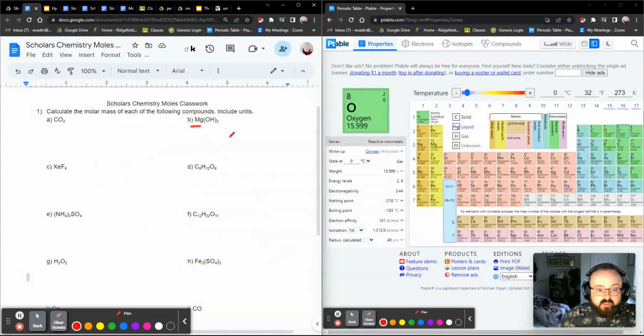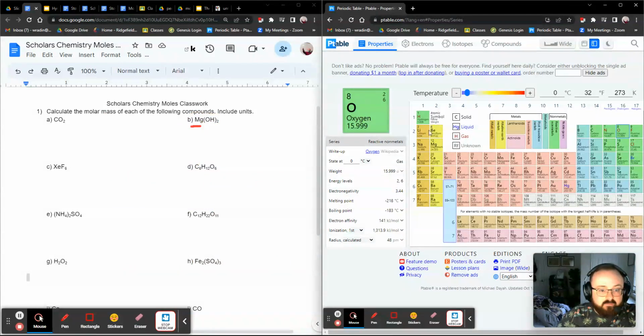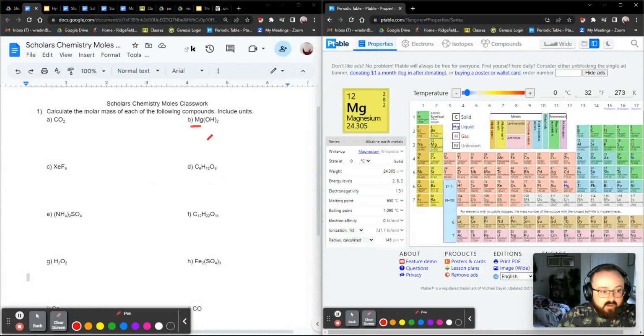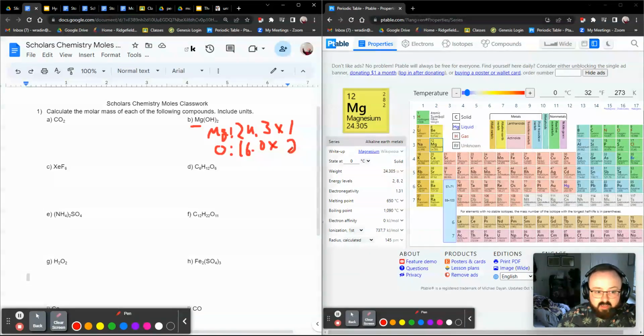So magnesium over here, we're going to go find magnesium. So Mg would be 24.3, and there's 1 magnesium. Oxygen 16.0. Remember, there's times 2 of them. And hydrogen is going to be 1.0 times 2 gives us 2.0.